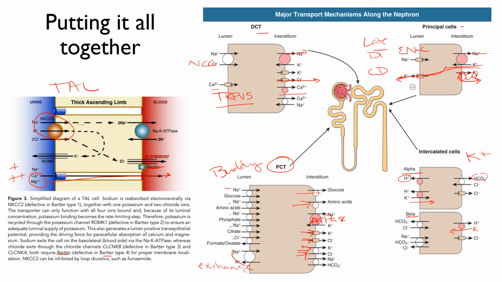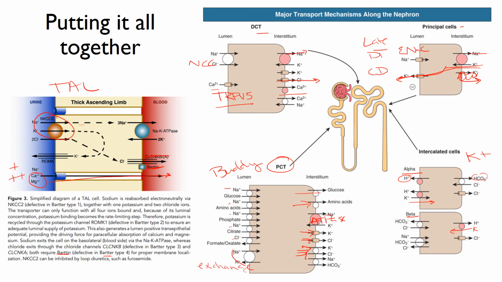I really highly recommend that you memorize that table about water and potassium and hydrogen and bicarbonate, all that has to do with the principal cells and the intercalated cells. That'll just help you keep things straight as you go along.